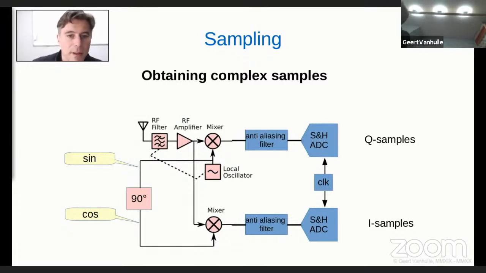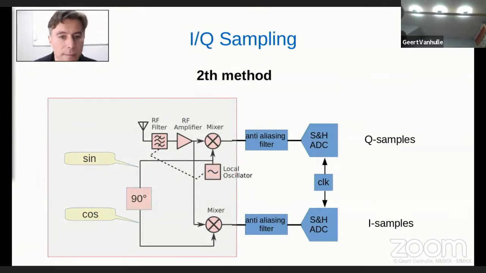Now there's actually an even more elegant way. That is the second method, where we try to replace this analog part, because as you see, we still have what we discussed in the first part, this analog stage with a mixer and analog oscillator. We have to have some compensation if there are nonlinearities.